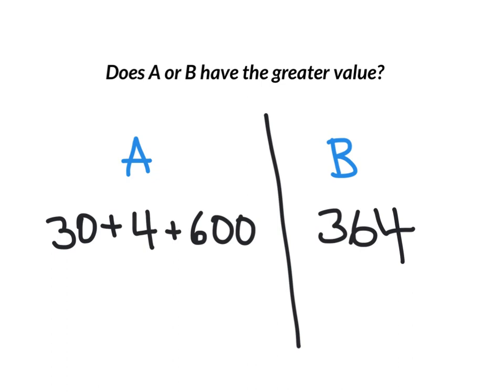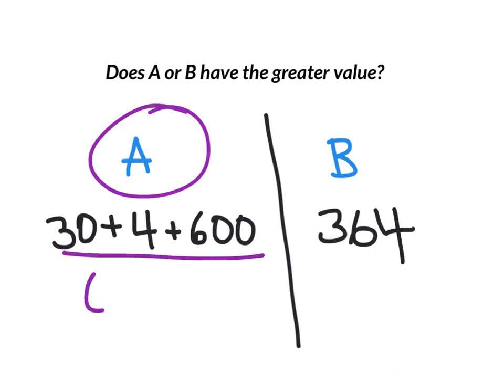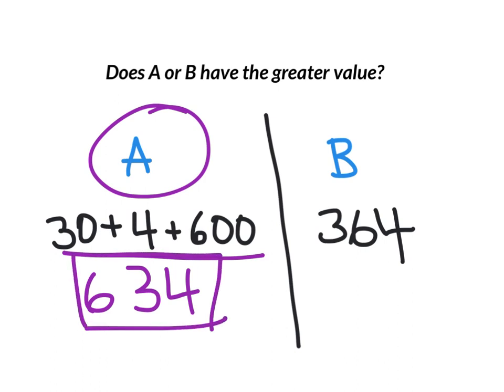You just need to write down the letter A or the letter B on your board, just showing that you know which one has the greater value. Okay, fingers crossed. Did you circle A? I hope so, because A is showing 6, 3, 4. This is really 634, and 634 is greater than 364. Let's take a look at our next problem.